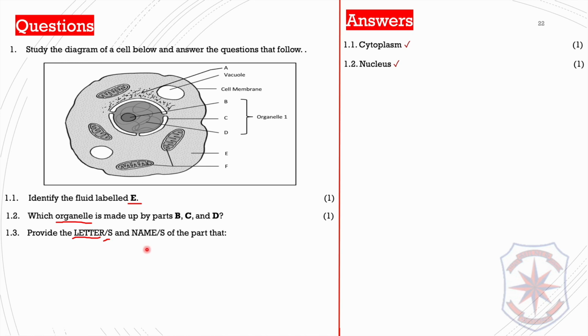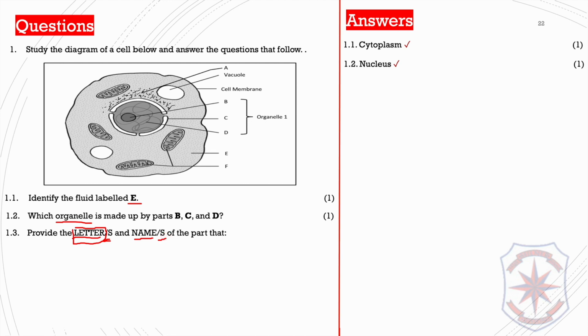So 1 letter, 1 mark, 1 name, another mark. If it is letters, it would be 2 letters or 3 letters and 2 corresponding names. So please be very careful. Don't just glance and selectively see letter and ignore the name. Either it's going to be 1 letter or 2 letters, or 1 name or 2 names.